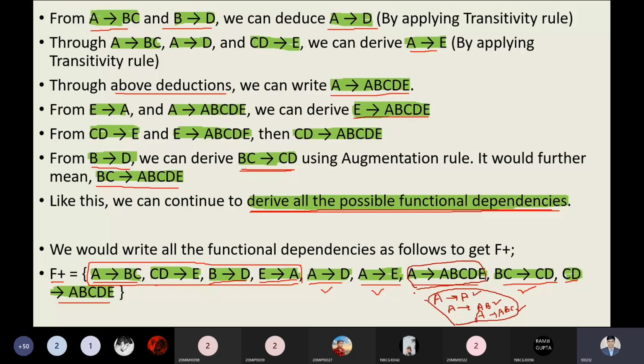A determinant to ABCD is also possible, but what rules are you applying? While writing the functional dependency in the examination, you have to write properly, just like over here. A determinant to BC and B determinant to D, we are choosing these two functional dependencies, and while applying the transitivity rule, we are getting A determinant to AD. You have to write a statement like this.